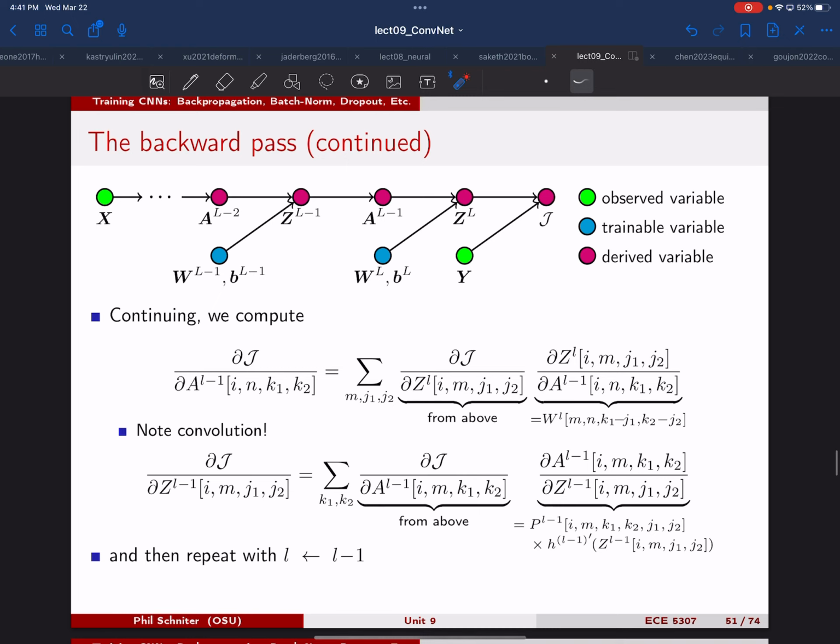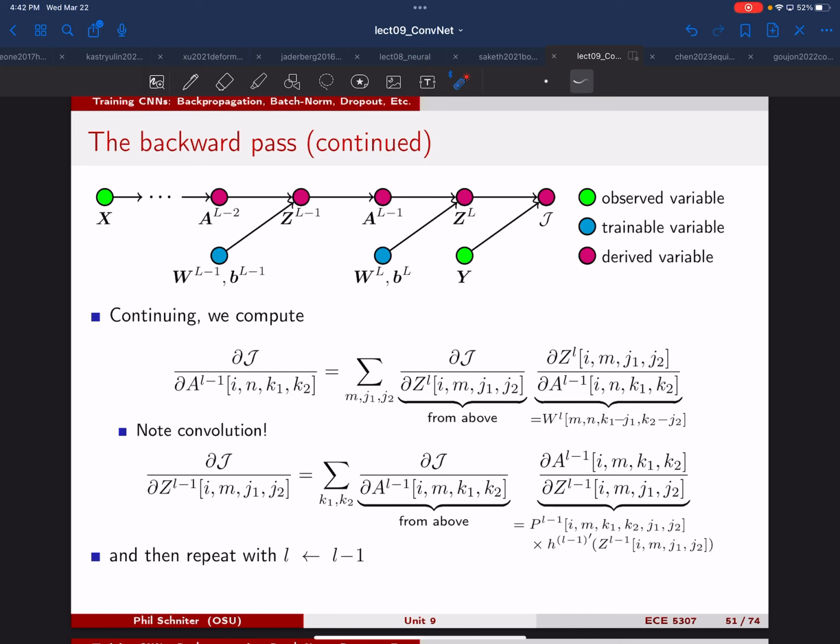So we can continue and we can look at dJ/dA, the activation. And once again, you see exactly that same structure, except now we would technically call this convolution because there's minus signs, not pluses, but convolution and correlation are essentially the same. You just need to flip this around, flip it and reverse it, and then once again, you have correlation. So if you have a GPU or some architecture that's good at doing correlation, it's good for the backward pass as well as the forward pass, and so on.